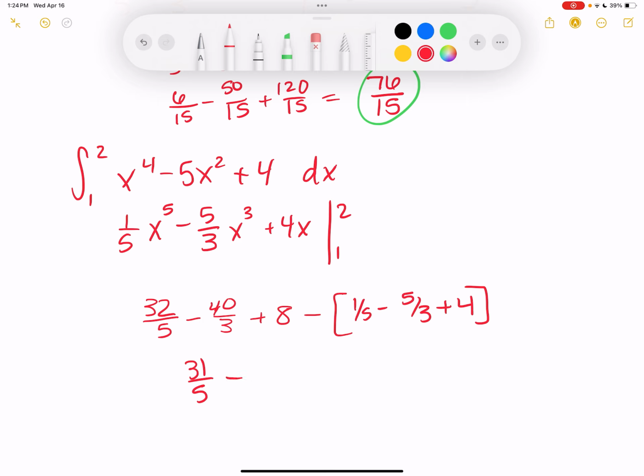minus, why am I struggling? Add 5, 35 over 3, plus 4. So then over 15, multiplied by 3, 93 minus 15.